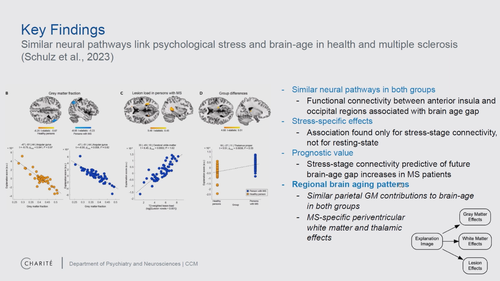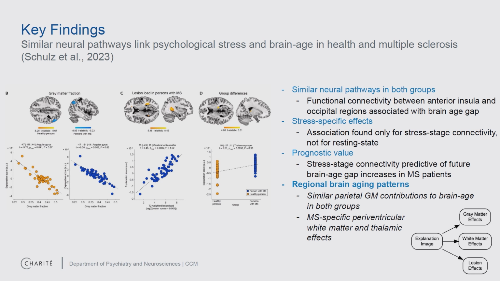As a side note, effectively what this gives us is something like a localized brain age model. It takes the brain age prediction and maps it back onto the constituent voxels, and we get an idea which voxels, and to what extent, were positively or negatively associated with the elevated brain age prediction.